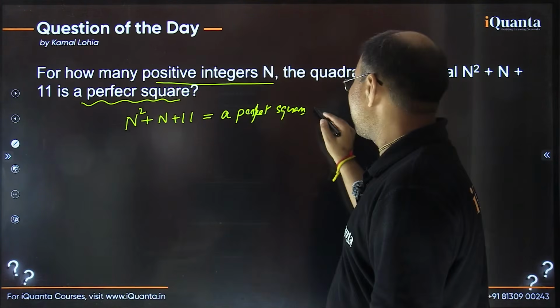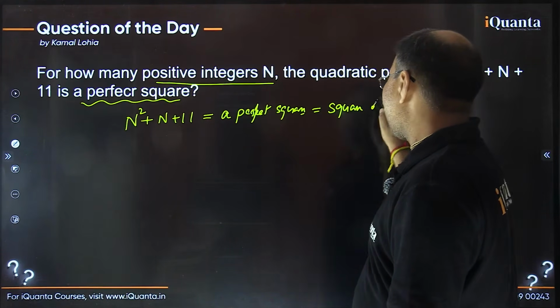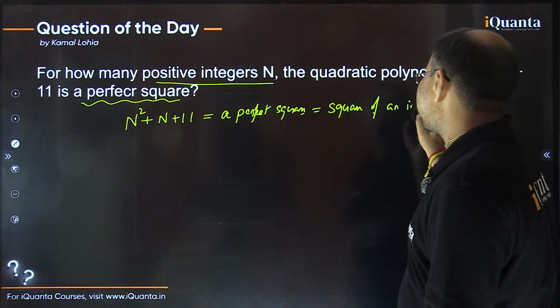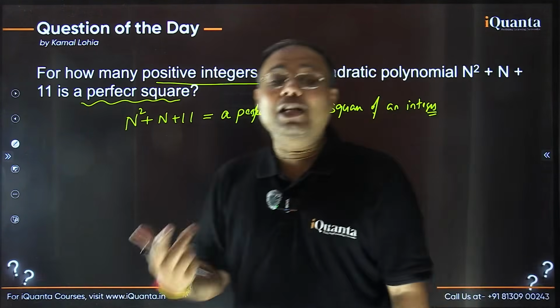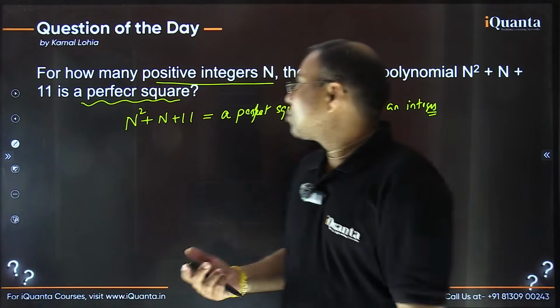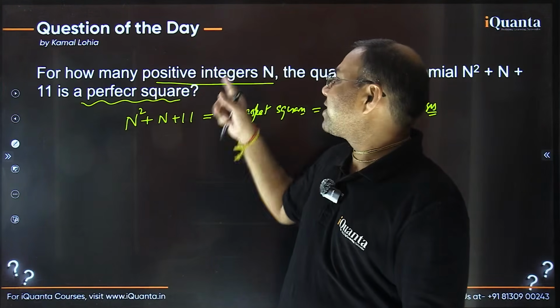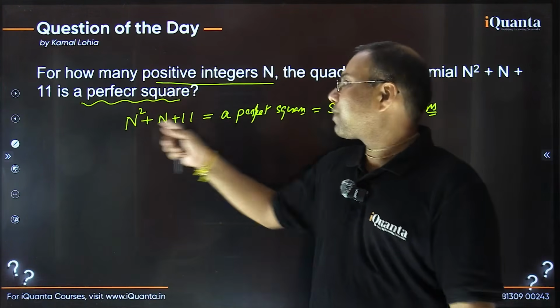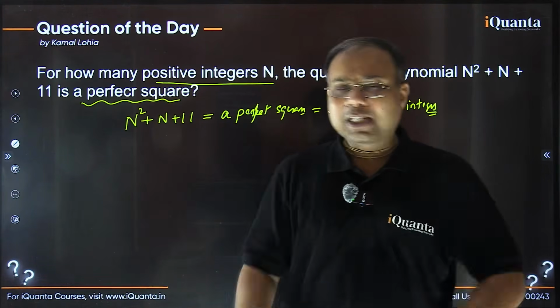There is no condition on which integer's square it should be. There could be many values. So the question is: how many positive integer values of n are there for which this expression is the square of an integer, or basically a perfect square? That was the question.